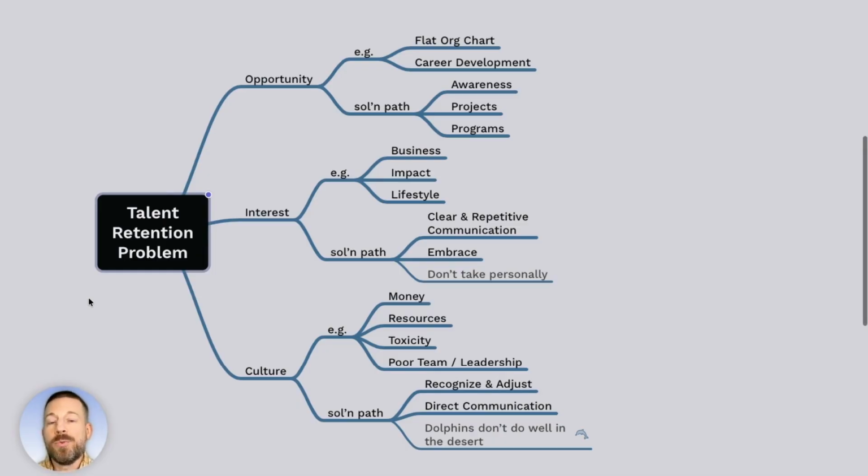Or is it really that toxic? Is it really that bad that we need to make a change? So it's all about recognition and then adjustment. And sometimes the recognition is, yeah, we're doing everything great. We just need to actually, the adjustment then becomes, do we get the people in who actually know and embrace our culture?